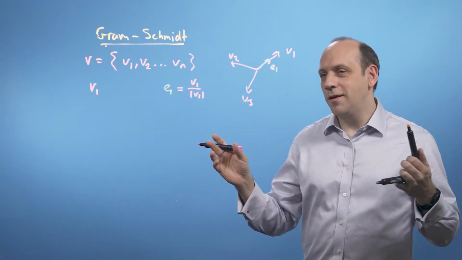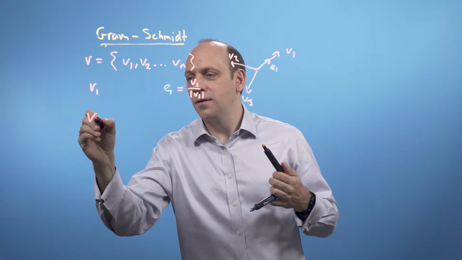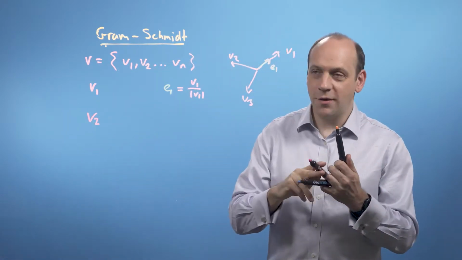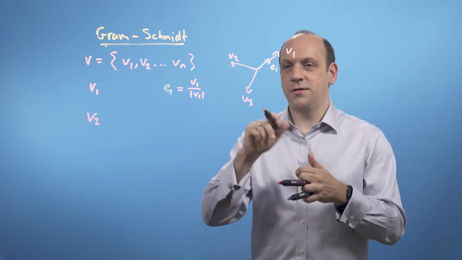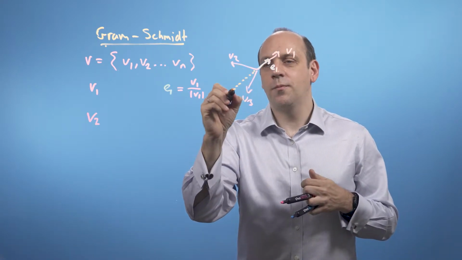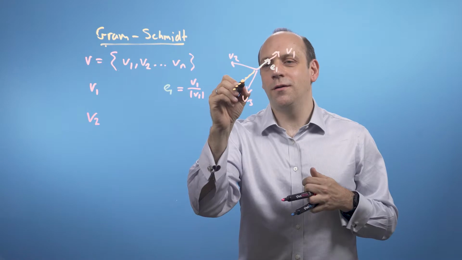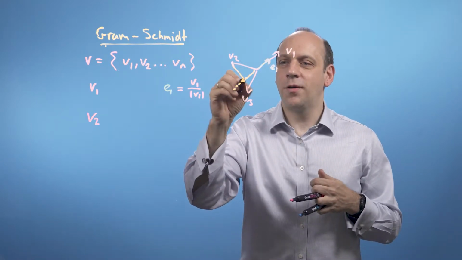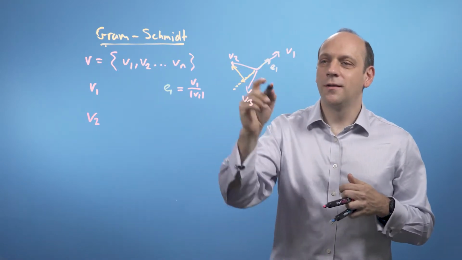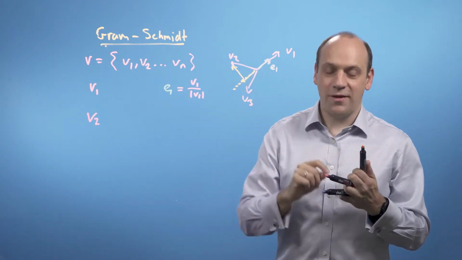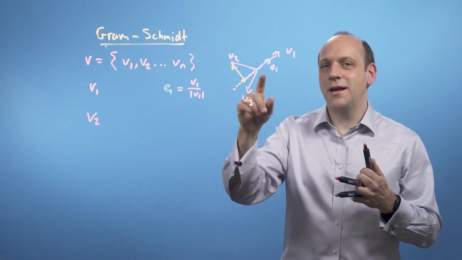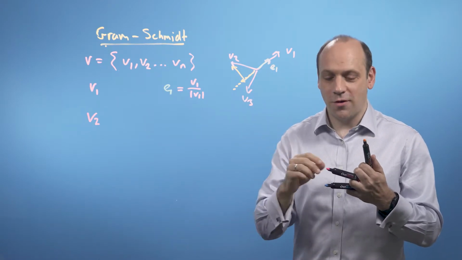And I can now think of v2 as being composed of two things. One is a component in the direction of e1, plus a component that's perpendicular to e1. The component in the direction of e1 I can find by taking the vector projection of v2 onto e1.